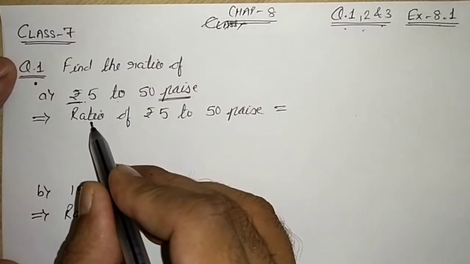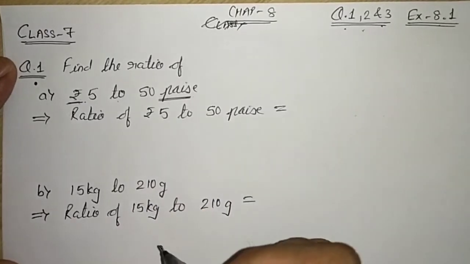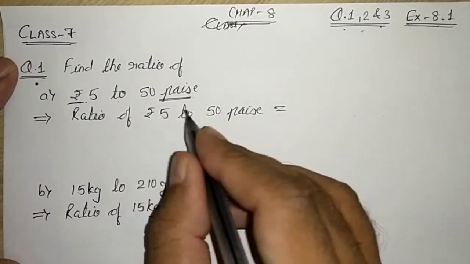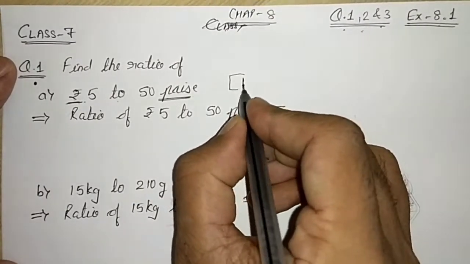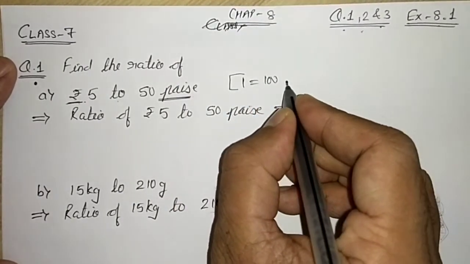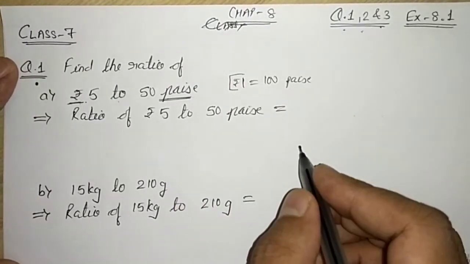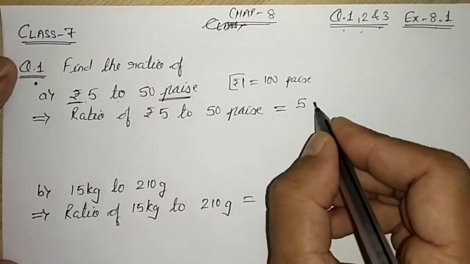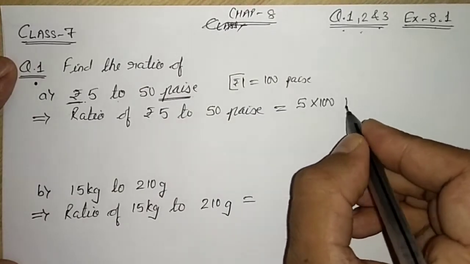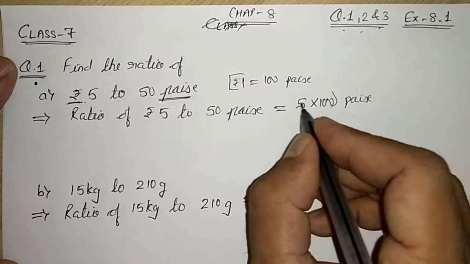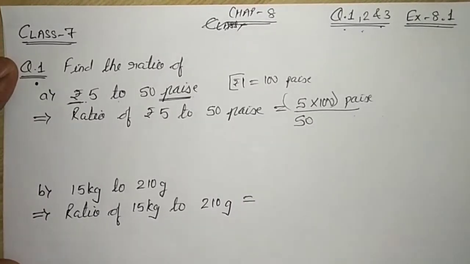We have to find the ratio of rupees 5 to 50 paise. So I will convert the rupees into paise. And how can we convert? 1 rupee is equal to 100 paise, that you know. So 5 rupees will be multiplied by 100 paise, divided by 50 paise.